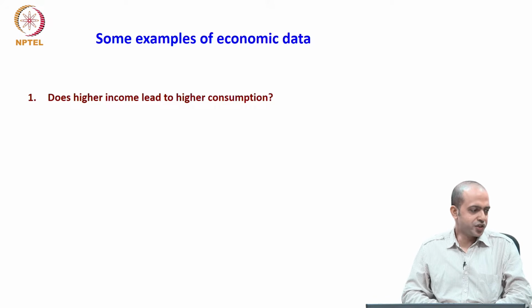Let us say the first example says, does higher income lead to higher consumption? Now, here income and consumption both are economic data because both are generated from some economic decision making. What type of job you will do, first of all, whether you will participate in the labor market or not, that is an economic decision.